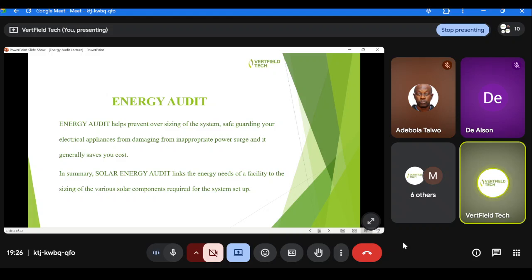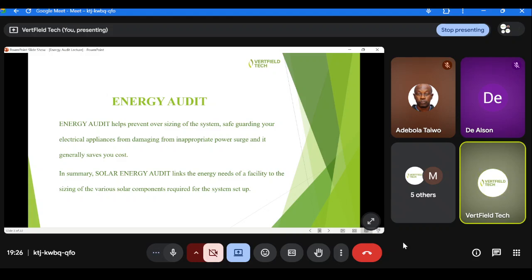It is said that energy audit helps you to prevent oversizing of your system, gives you safety and security for your system, and also saves you costs. We will take it bit by bit, step by step, and then have good knowledge of all of these things.